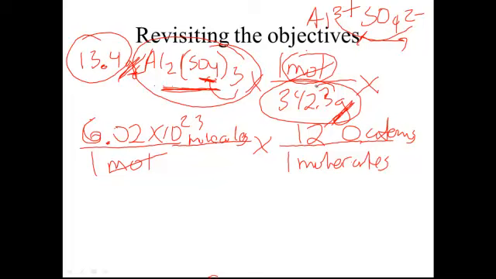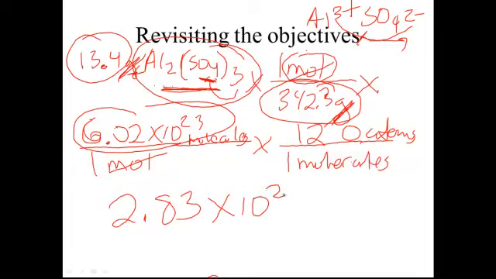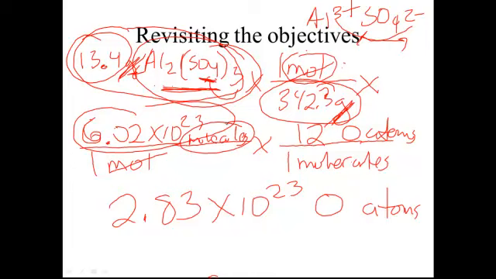And then we're going to times that, because this number is on the top, times it by 6.02, exponent to the 23rd power, and then we'll multiply it by 12, which gives me a total of 2.83 times 10 to the 23rd, and that's the number of oxygen atoms in, again, that sample of aluminum sulfate. So notice we're going from grams to moles, moles in this case to molecules, molecules to atoms. And that is our introduction to molar masses.